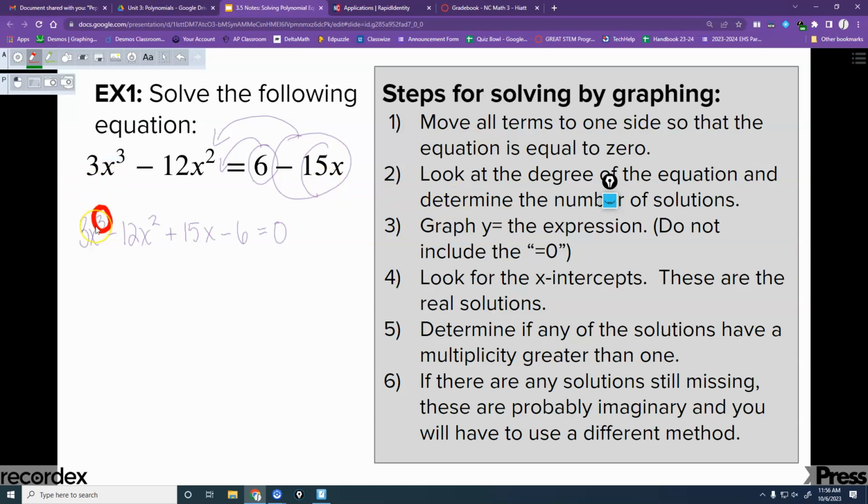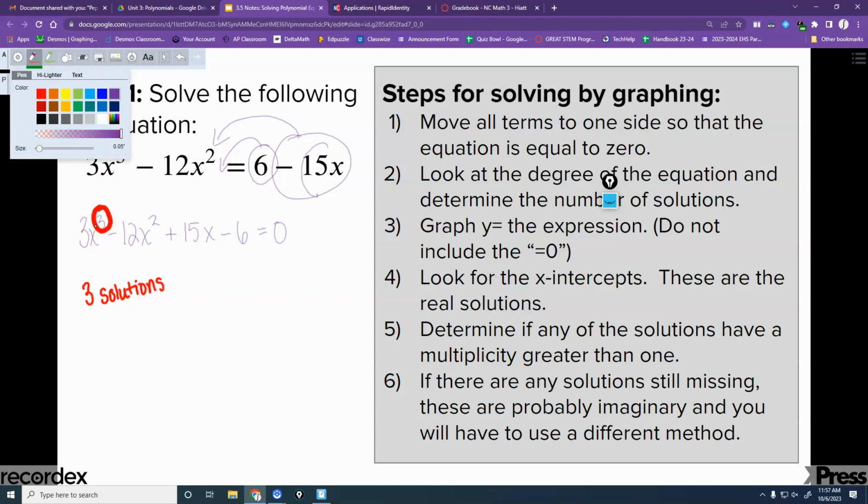If I've got something to the third degree, how many solutions do I have? 3 solutions. So you don't necessarily have to write that down every time, but it is a good idea to make yourself a note of that, because sometimes you may only see a few of them on the graph and you're going to have to do something different.